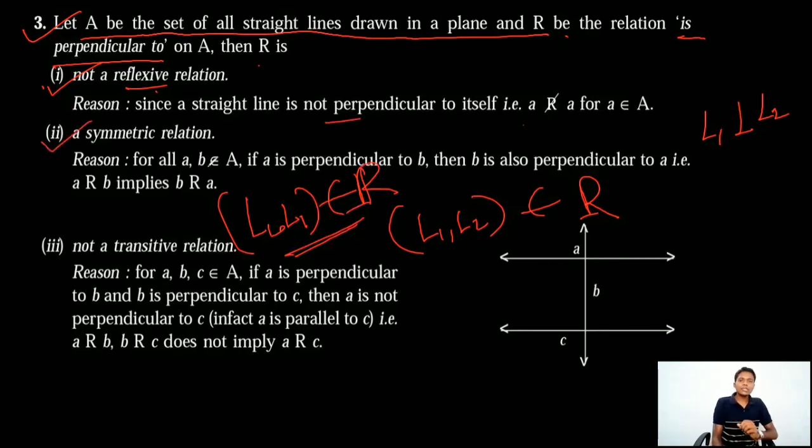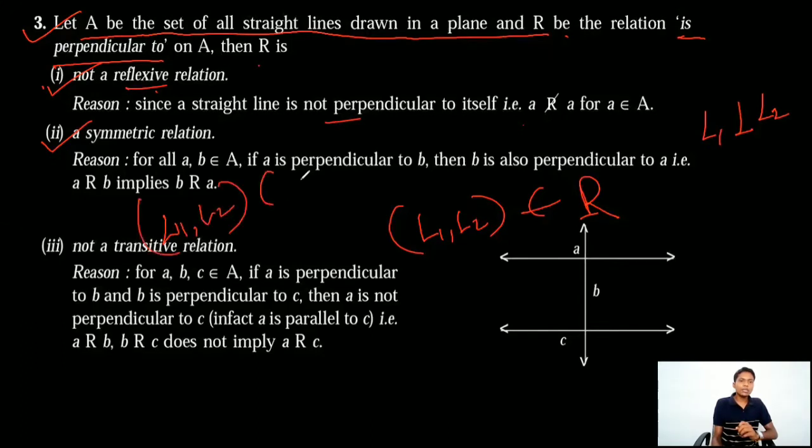Now symmetricity: obviously this condition holds, because if we take any two lines L1 and L2, line 1 and line 2 belong to R, that means line 1 is perpendicular to line 2. If this is line 1 and this is line 2, then the angle between them is pi by 2.